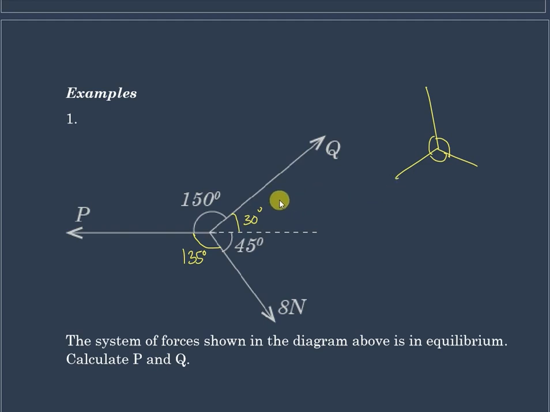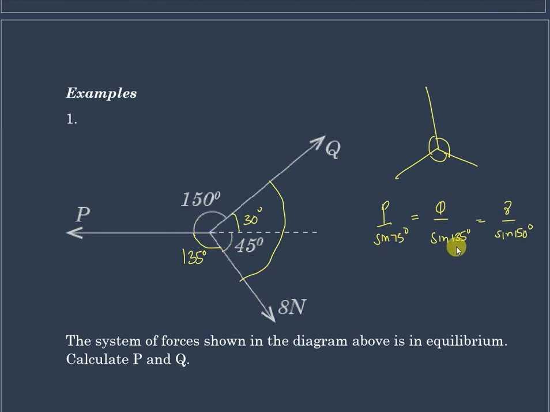If we are to use Lami's theorem, we shall take care of that angle, and that angle is 75. So we shall say that P over sine of 75, which is this angle, is equal to Q over sine of 135, is equal to 8 over sine of 150, which is that one there.